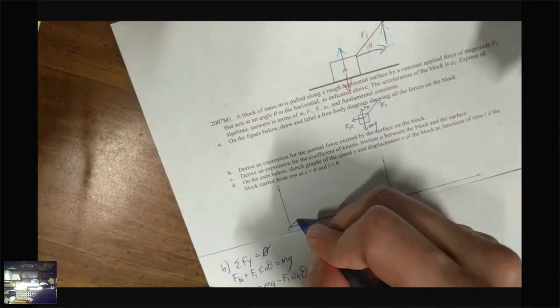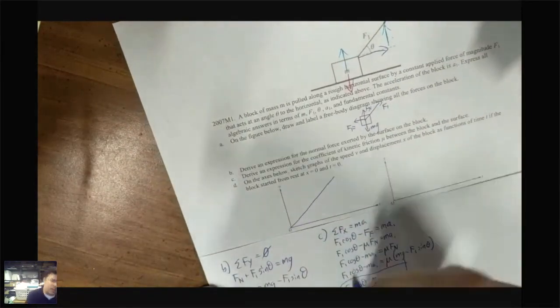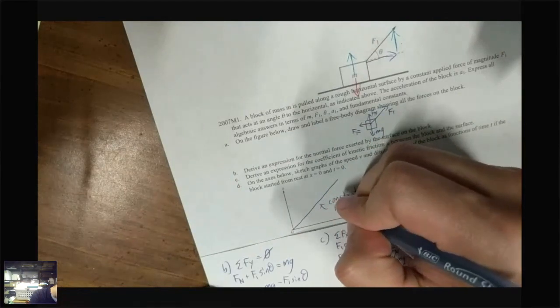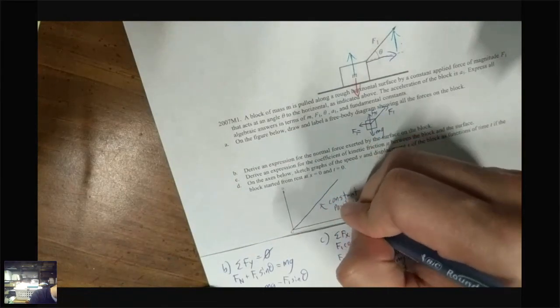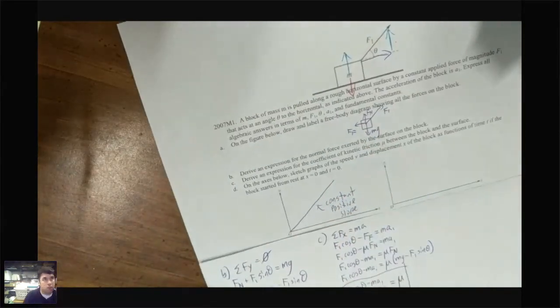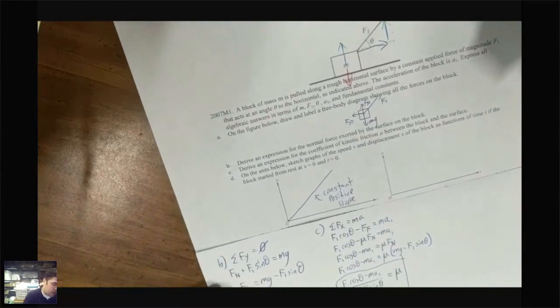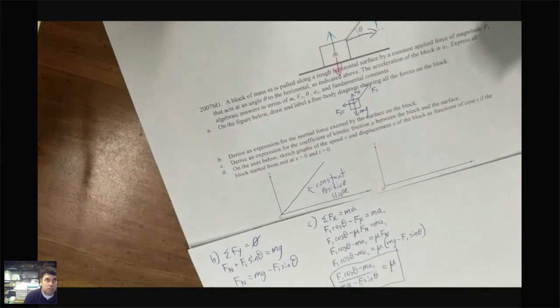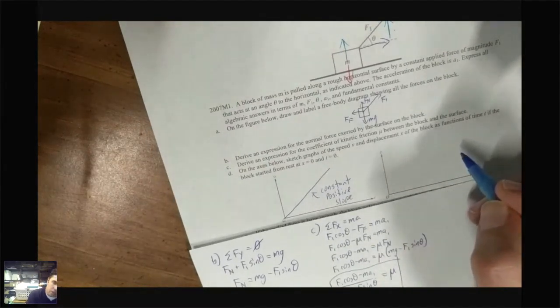If we have a constant acceleration, our velocity should increase at a constant rate. So this should be a constant positive slope. All right. And the last part is going to be our X displacement graph.